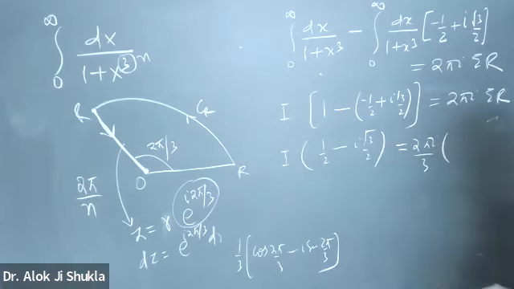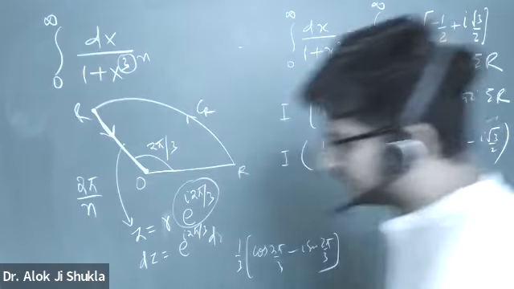How much? 1 by 2 minus iota root 3 by 2. Minus 1 by 2. Yes, sir, minus 1 by 2, because it is in the second quadrant. Like this. Yes, sir. Then multiply and get it.